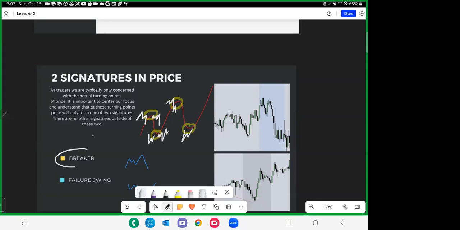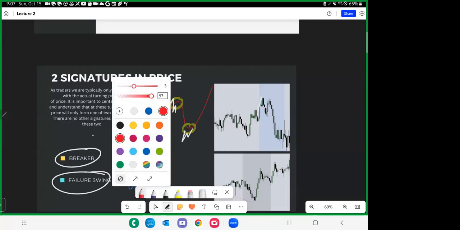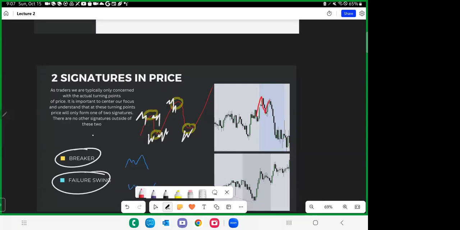Just very slight depictions here, but we'll go more in depth in terms of what each one is. Over here, we're seeing that price is running up, down, up. Obviously, that's our failure swing. And then here we create a short-term low. We run that short-term low, displace back beyond it, and then we're seeing that area play out as a breaker.